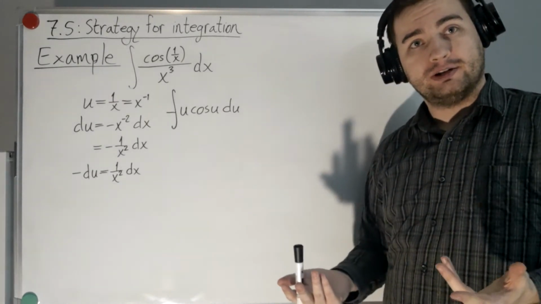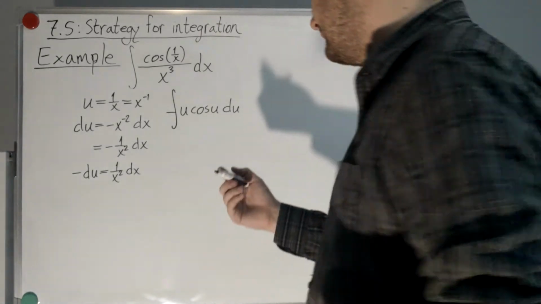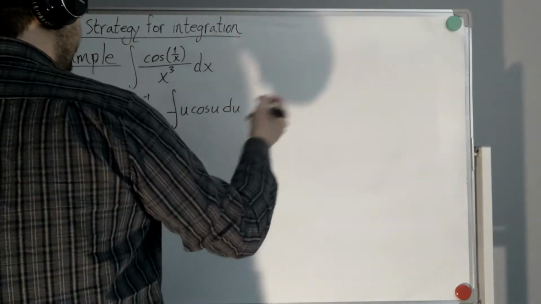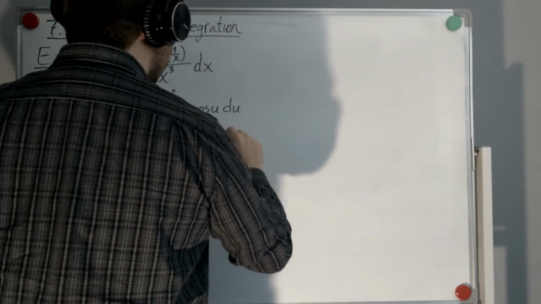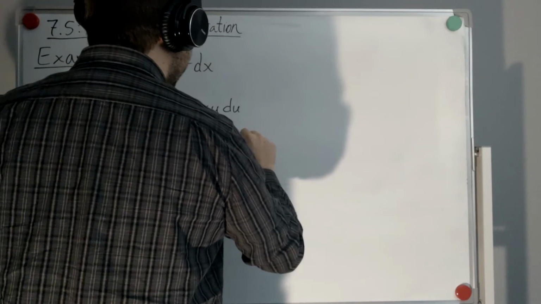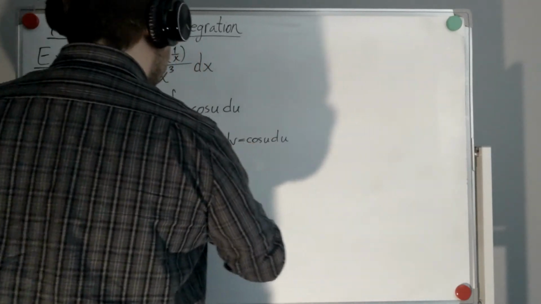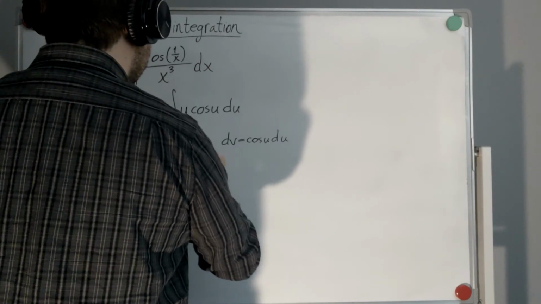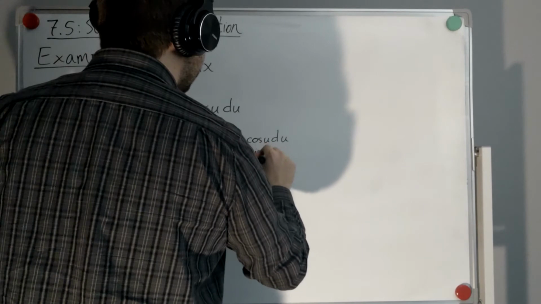Now from here, once again, this also is a quintessential integration by parts problem. So you do the regular thing. Again, I don't want to use u for integration by parts, so I'll call it w. So w is going to be u. dv is going to be cosine u du. Then dw is going to be du, and v is going to be sine u.